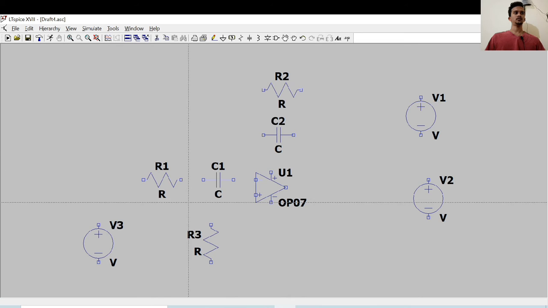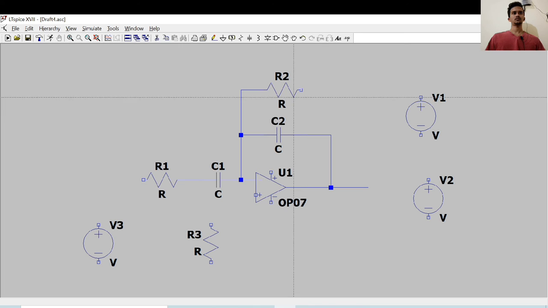Okay, connect it. So I am designing a practical differentiator circuit to see its frequency response. So let's connect this. Okay, and now this.